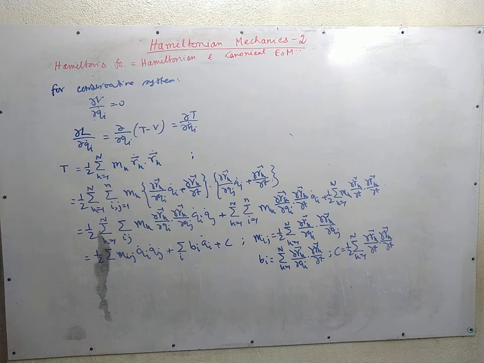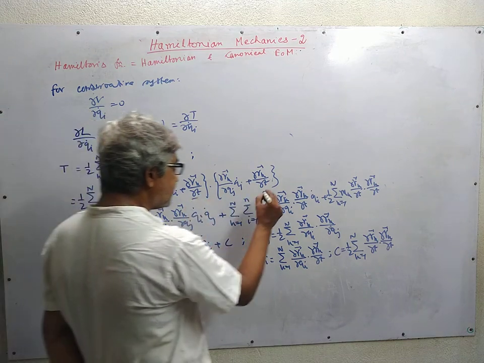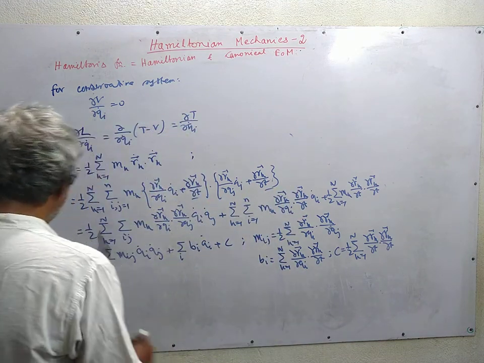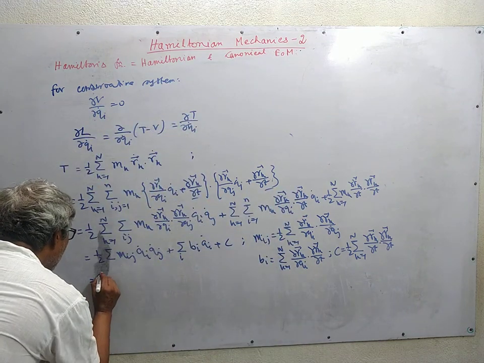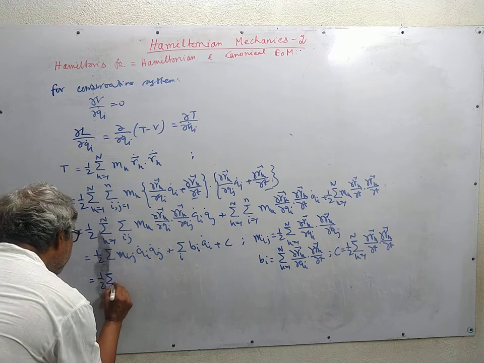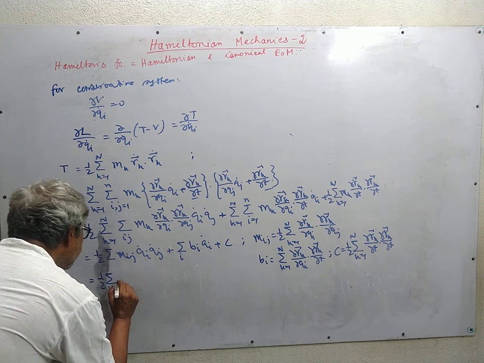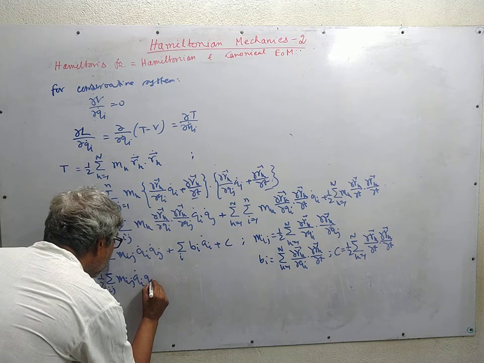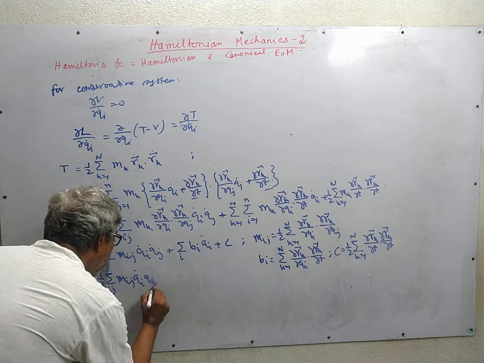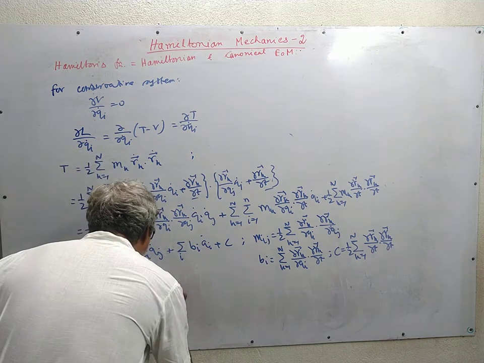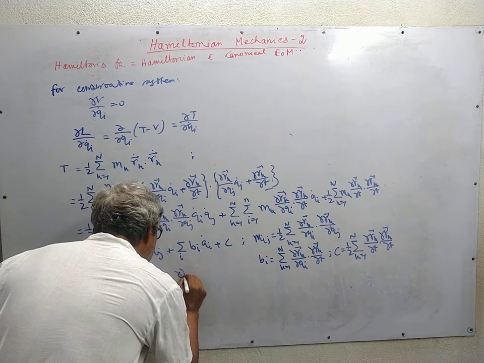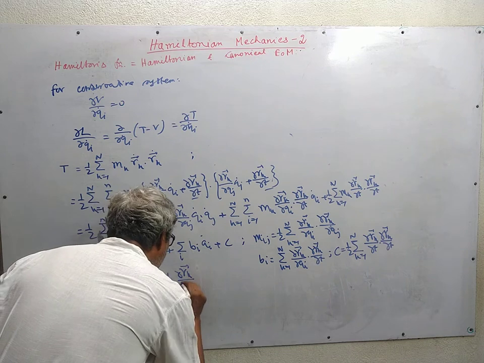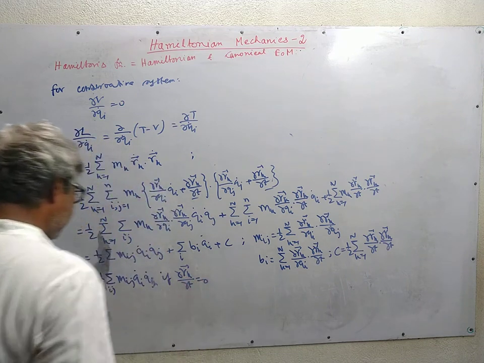If the transformation equation does not contain time explicitly, then these terms become 0. So in which case this becomes half summation over ij Mij Qi dot Qj dot if del Rk del t is equal to 0.